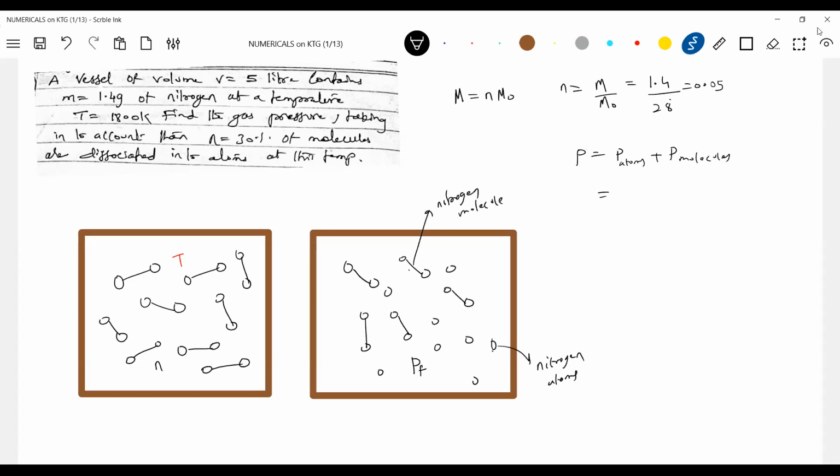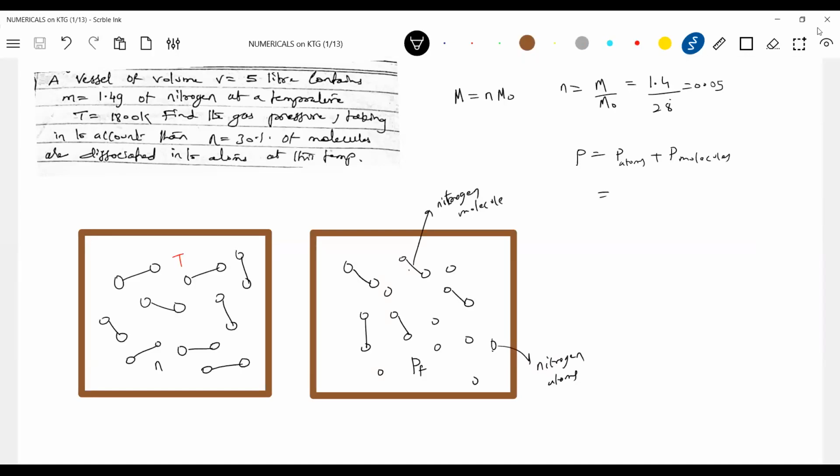Can we calculate the number of atoms that have undergone dissociation? 30% of this. One nitrogen molecule, if it breaks up, how many atoms will it give? 2, no? So 0.05, 30% of that you calculate.